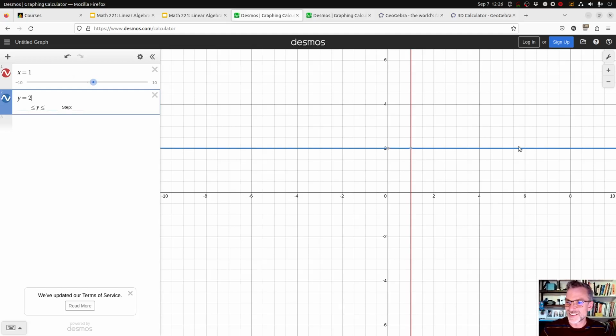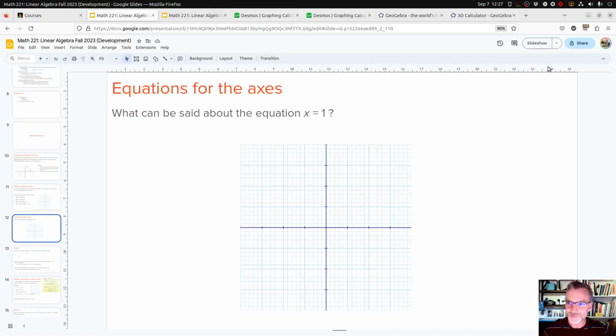There's a horizontal line at y equals 2. Again, these equations, for example, the first one, x equals 1, doesn't stipulate what y could be, so y could be anything. That's what gives us this vertical line. The second one doesn't stipulate what x has to be, so x can be anything so long as y is 2. That's that horizontal line. Great.